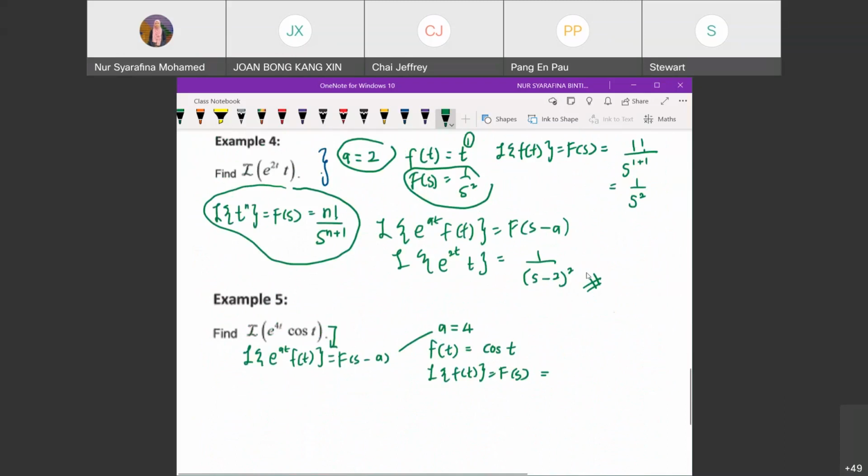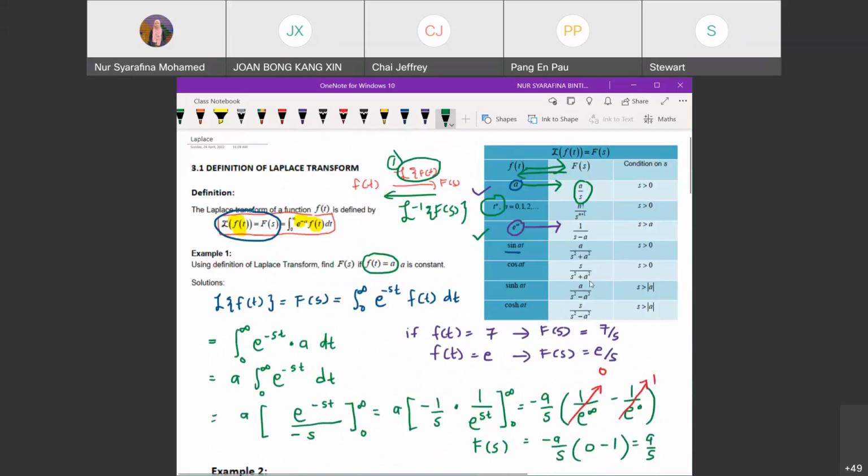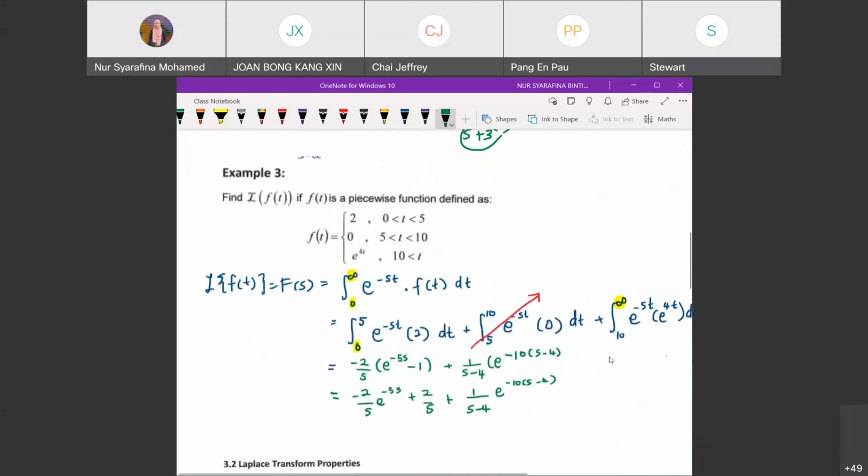So you will have s over s squared plus 1.